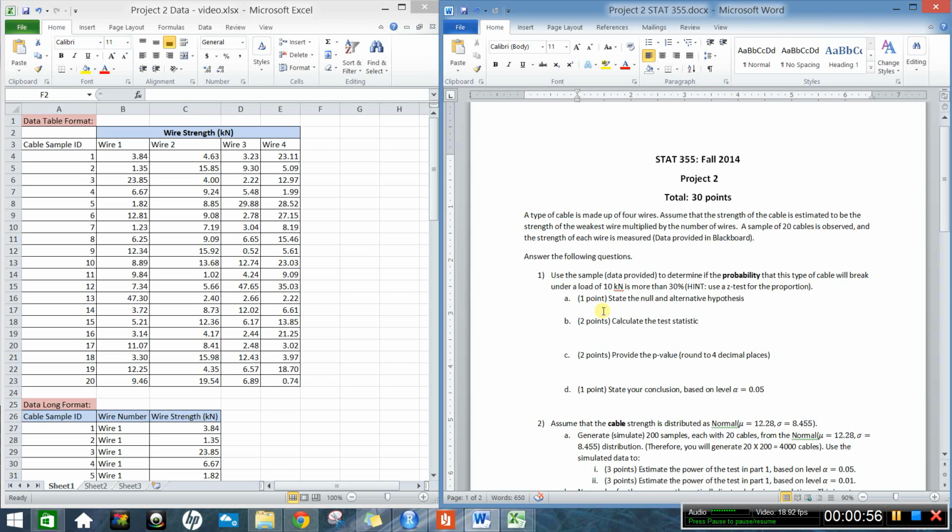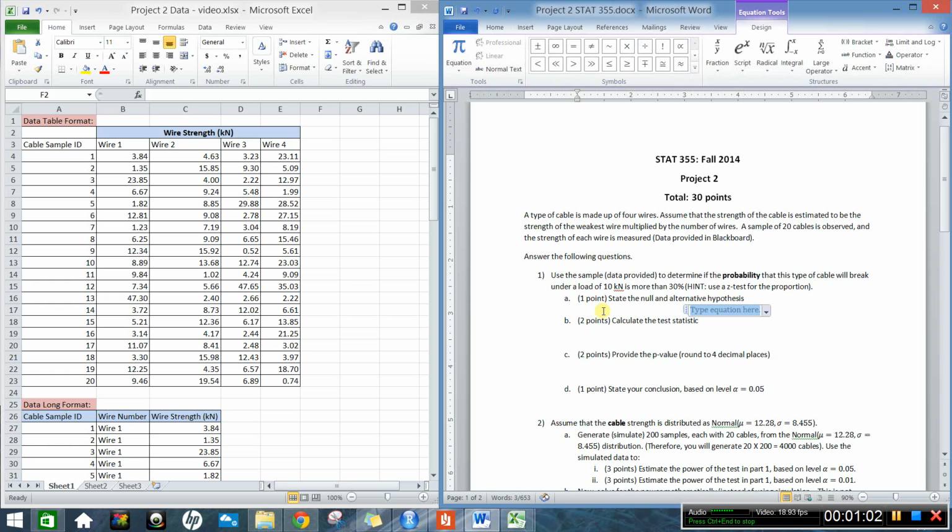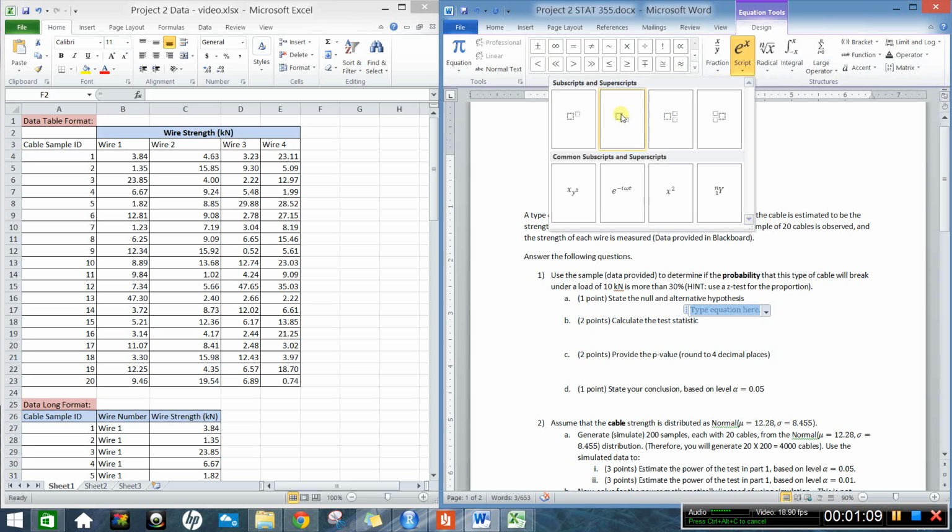So if we're going to use the equation editor, if you type Alt and then the equal sign, that'll open the equation editor. Then if you go up here, there's all of these point and click options.